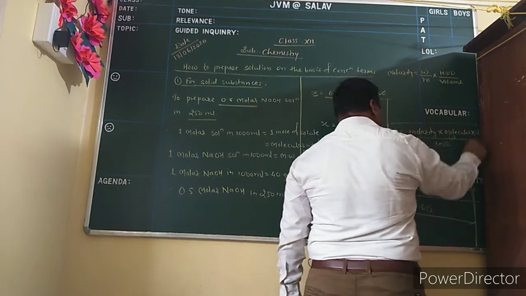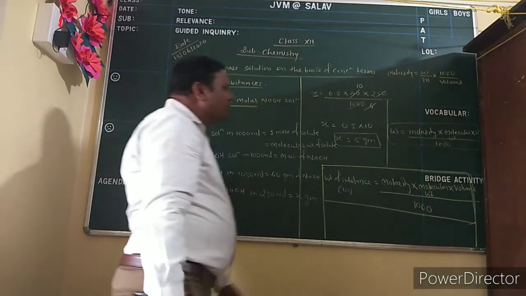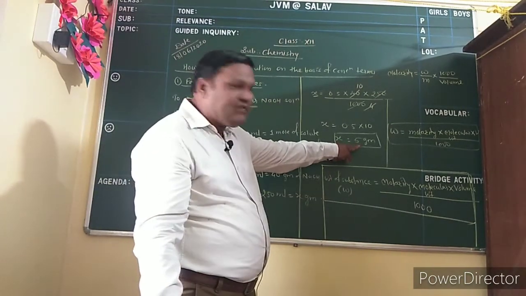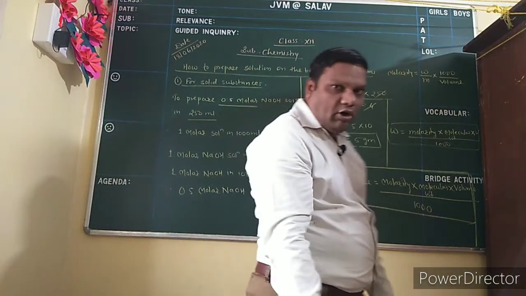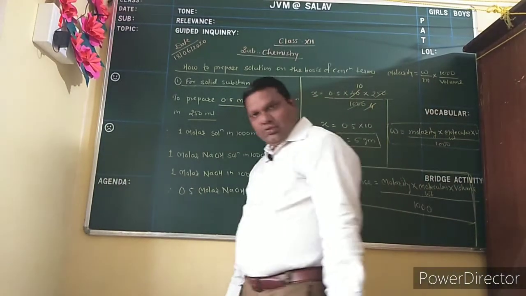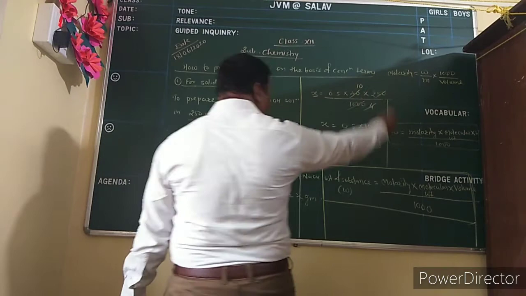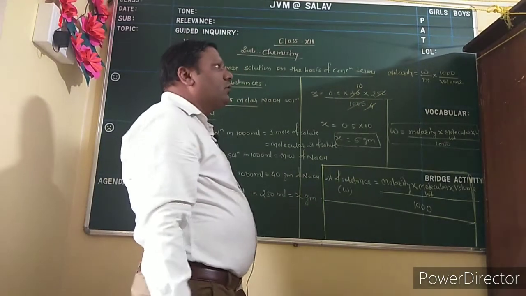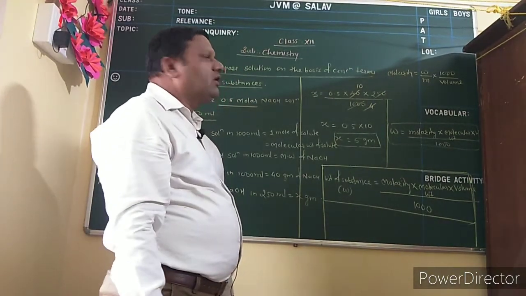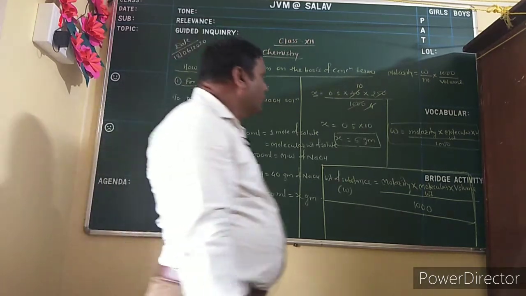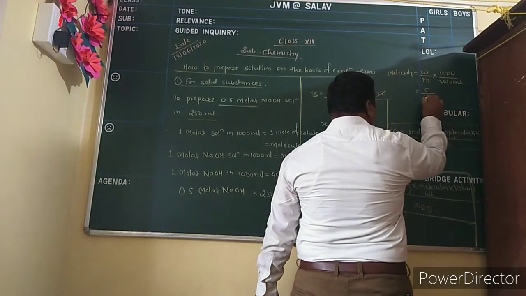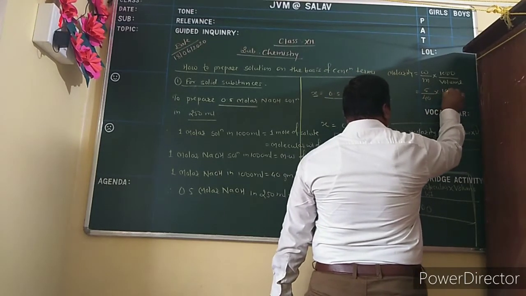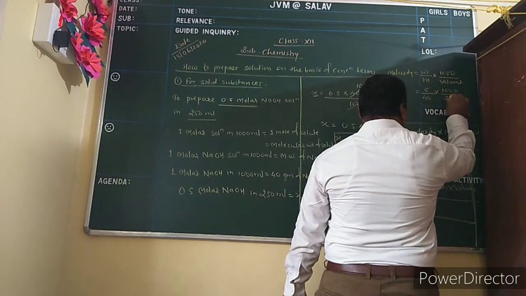Now suppose we want to tally this 5 gram answer we calculated, meaning whether it will be correct or wrong. So how will it be checked? The simple formula is there. Molarity is equal to small w upon small m into 1000 upon volume. Small w we found is 5, small m is 40, 1000 upon 250.